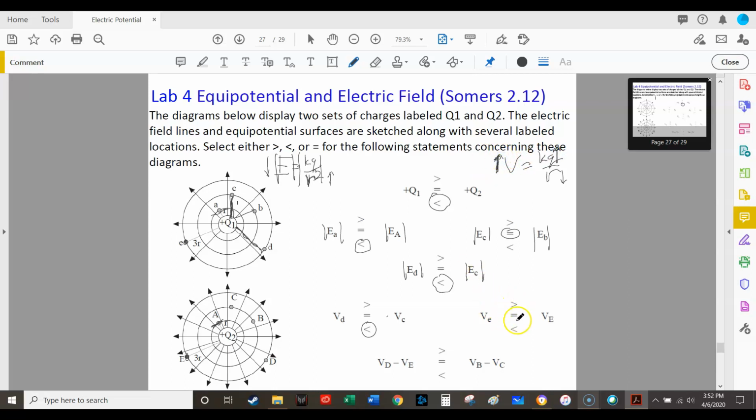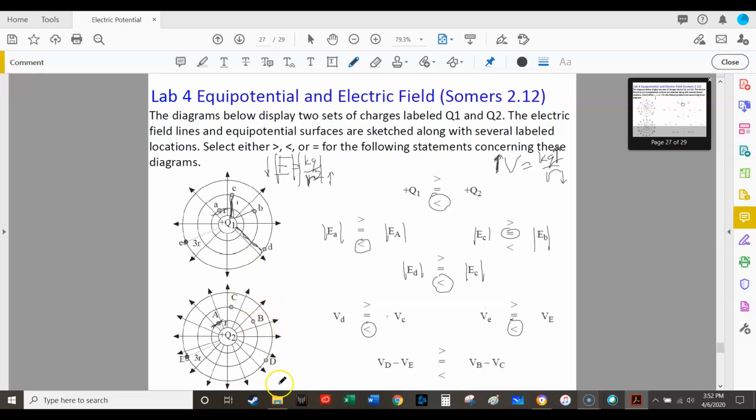Since they're the same distance, the voltage at capital E is going to be greater than the voltage at lowercase e. All right.